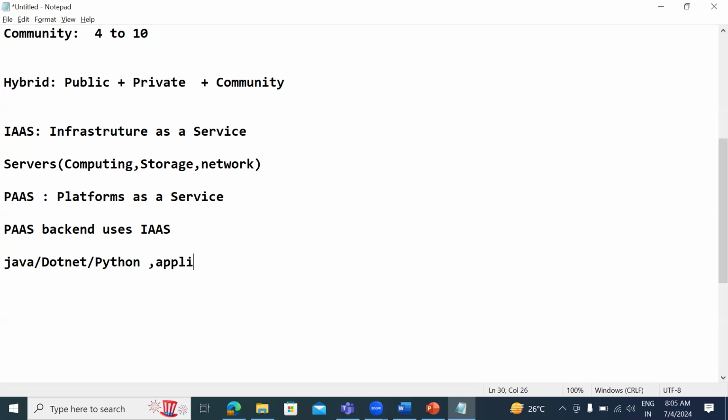Then applications, web servers, database servers. We even get serverless computing.